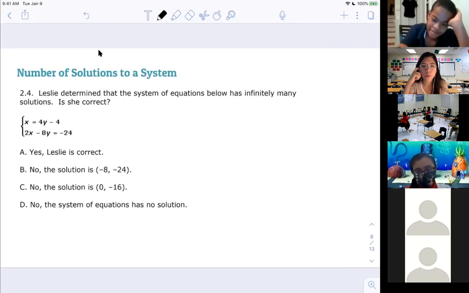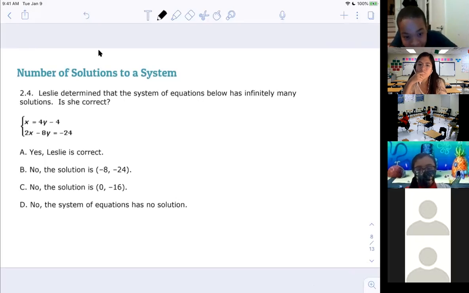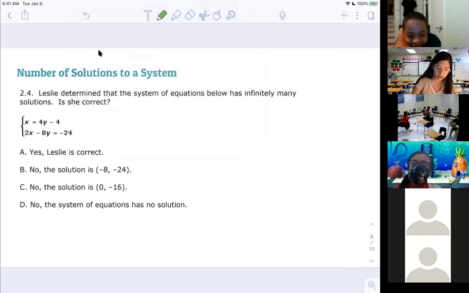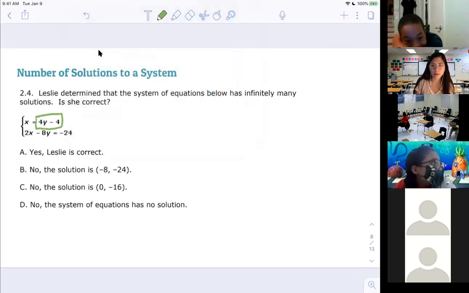So in other words, what is already done for you? What's already done for you? The x is already what? Yeah, they already solved the equation for x. The x is already isolated. So I can skip right ahead to step 2. So I can plug this into the bottom equation.